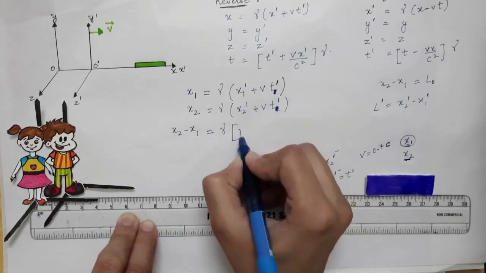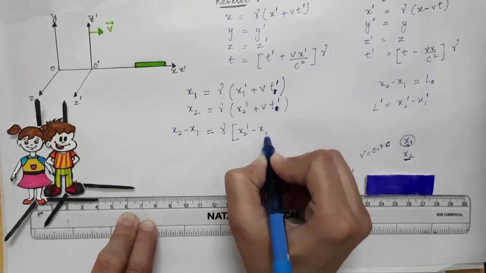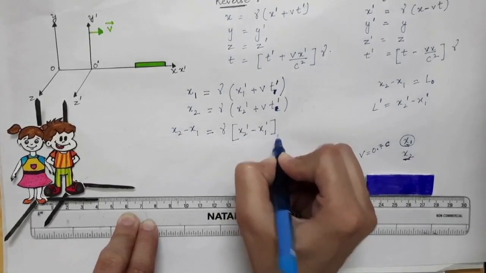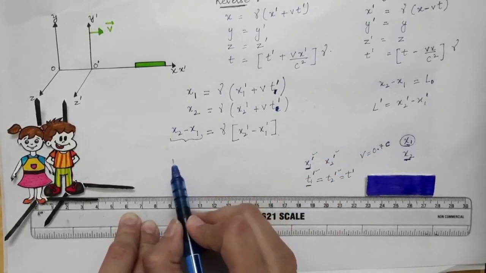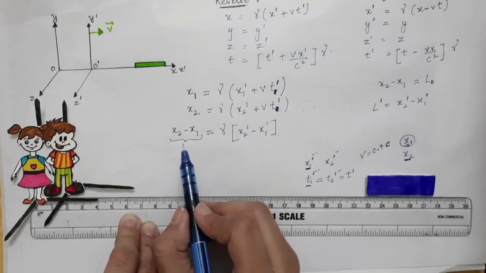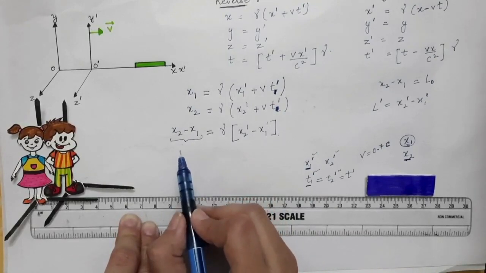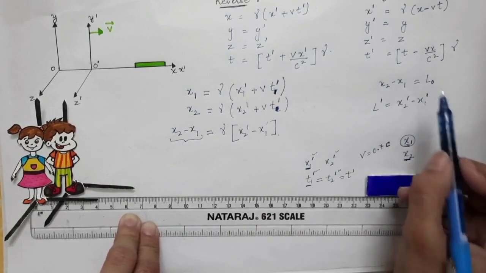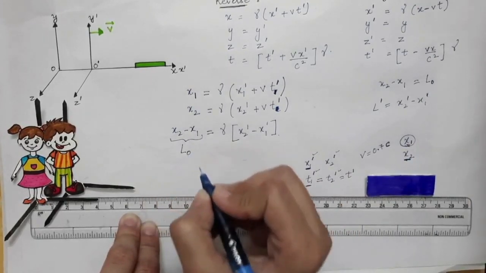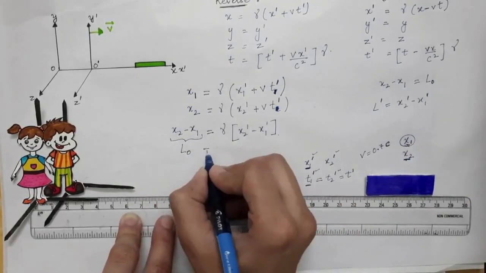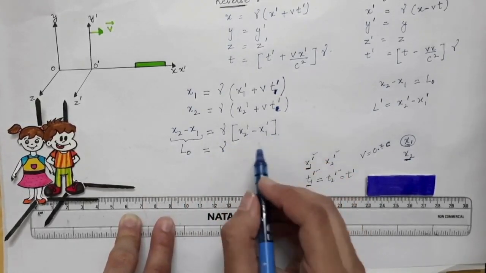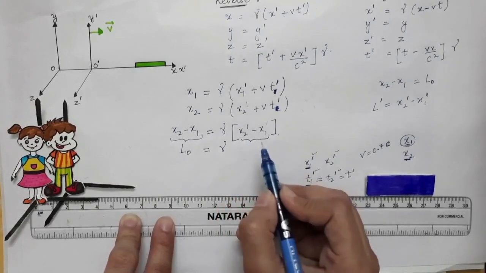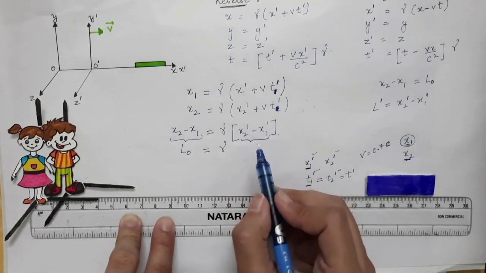Now x2 minus x1 is the proper length of the object, the length of the object when it is at rest, denoted by L0. So L0 is equal to gamma times x2 prime minus x1 prime. This is the length of the object measured in a moving frame.